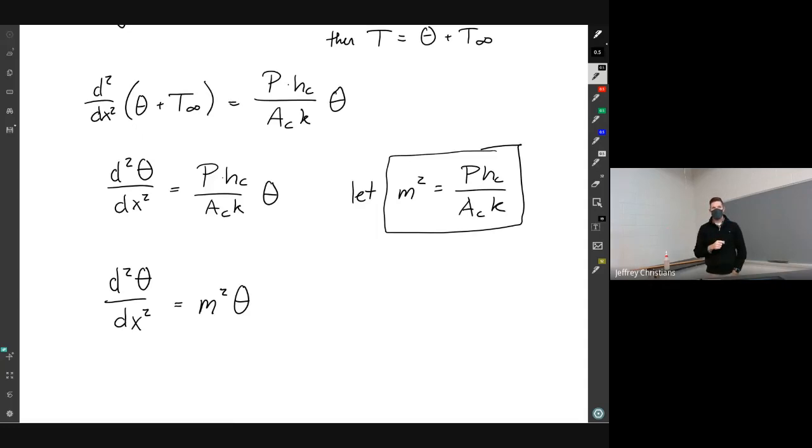An exponential function. If you take the derivative of an exponential, you get an exponential, but then the constant comes down in front. And if you take the derivative again, you get the same thing, but then the constant comes down in front again.